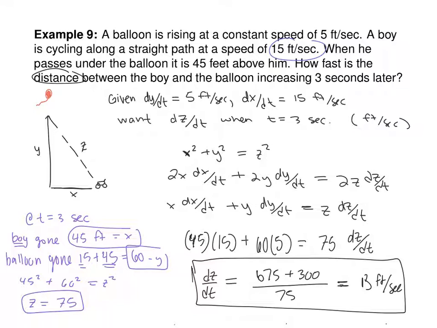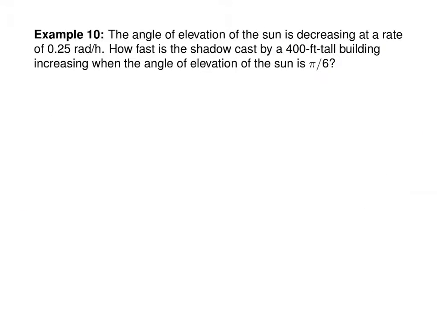I believe the next one was also on your packet. The angle of elevation of the sun is decreasing at a rate of 0.25 radians per hour. How fast is the shadow cast by this building increasing when the angle of elevation is pi/6? Okay, so you have your building.